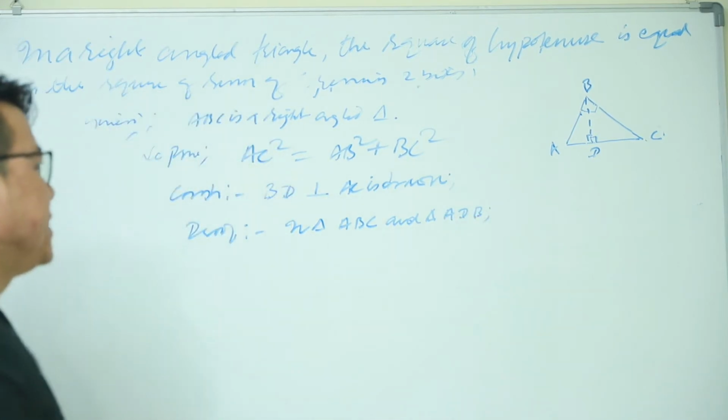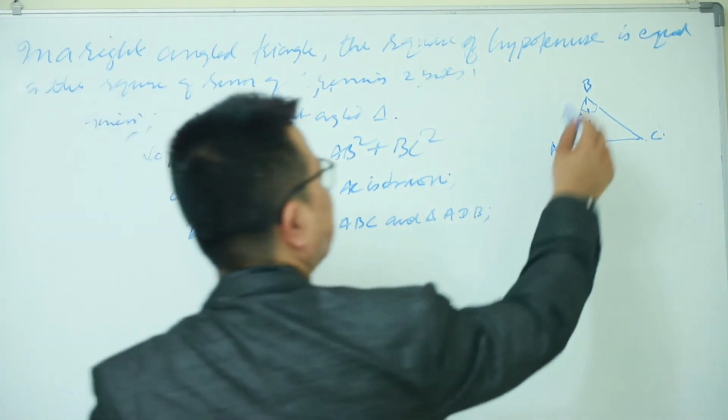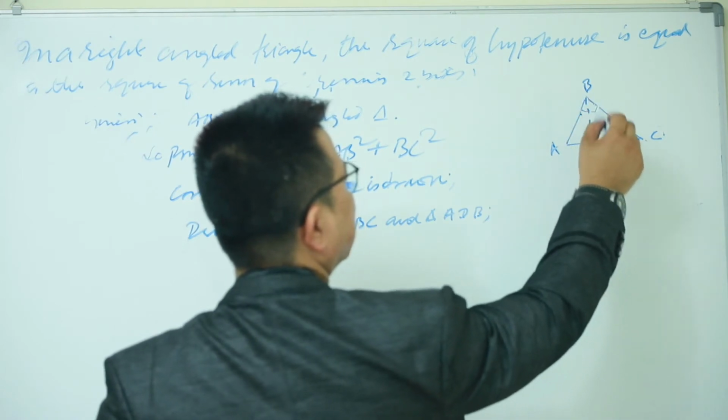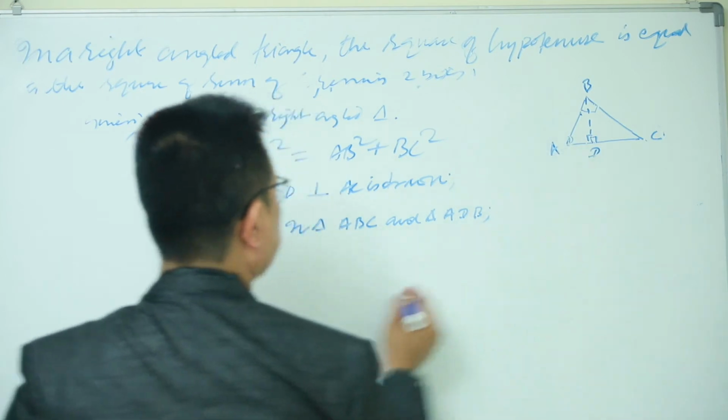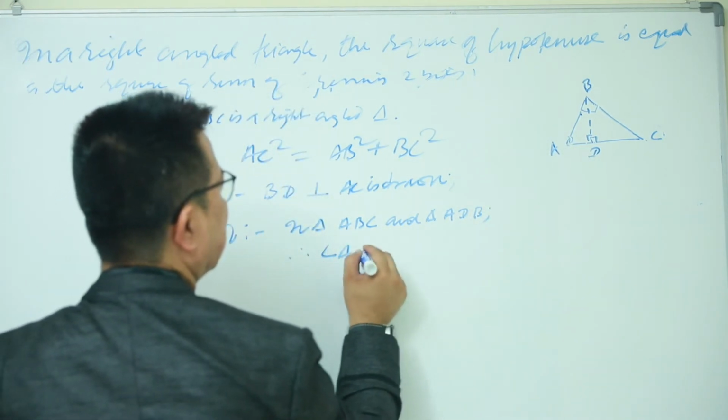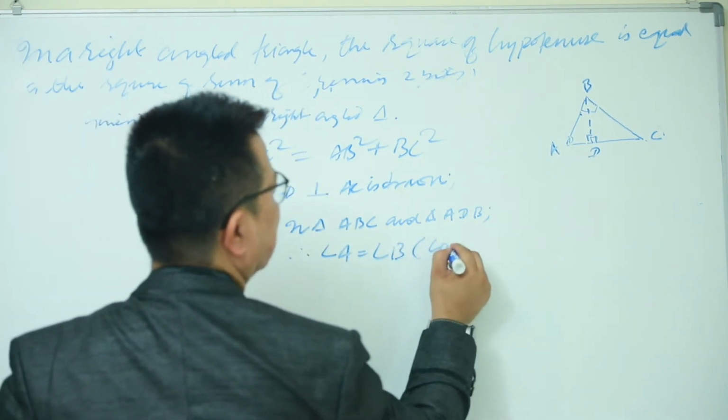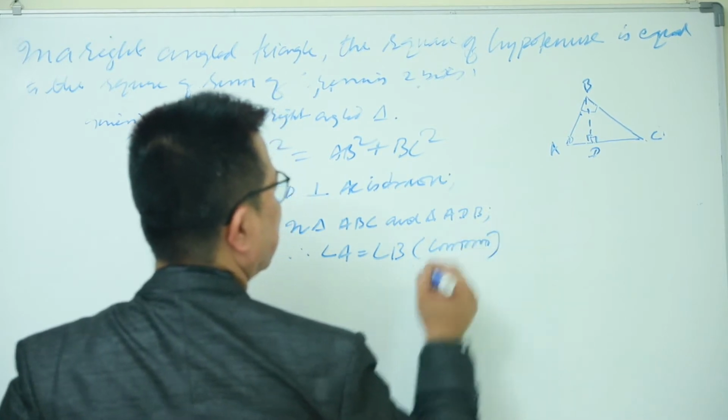Now let's try to prove them similar. In ABC and ADB, in both cases angle A is common. So you can write: therefore angle A is equal to angle A, reason: common in both cases.